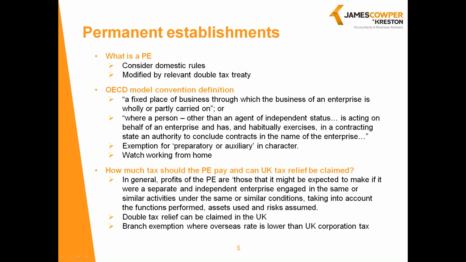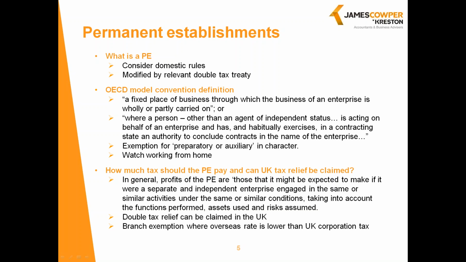This is something that's open to interpretation. So, for example, would it include working at a customer's site? This may have a degree of permanence. The trade is carried on through that place, but it's unlikely to be freely available to the UK company and therefore probably wouldn't create a PE. But it's something that needs to be monitored and carefully considered.